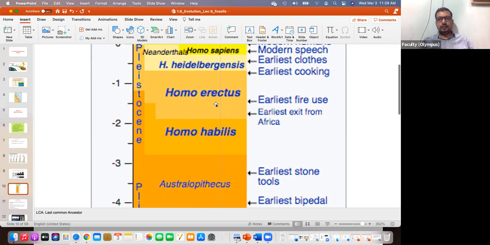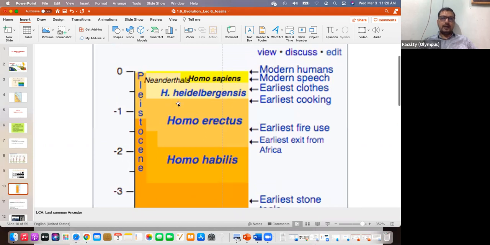I was showing you this Homo erectus, earliest fire use. And also probably at the Homo erectus time, people might have moved to the other continents. We'll study about out of Africa theory, where they might have started moving from Africa to the other continents. Earliest exit from Africa. So this supports the concept of out of Africa theory that we're going to learn in tomorrow's class.